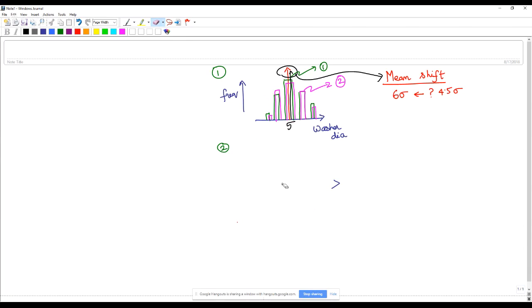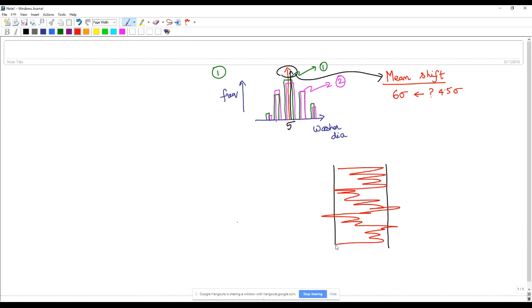Now what we'll try to do here is see how this is going to affect your data. Let's say that these are the boundaries of the data that you're trying to capture. So this is for day 1. If I have to draw the corresponding distribution, let's say the distribution was something like this.